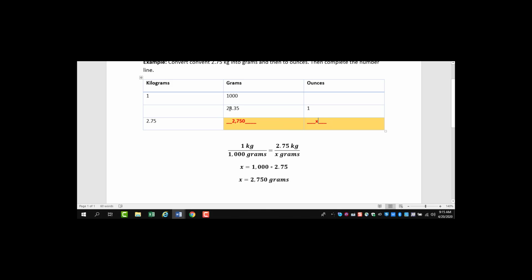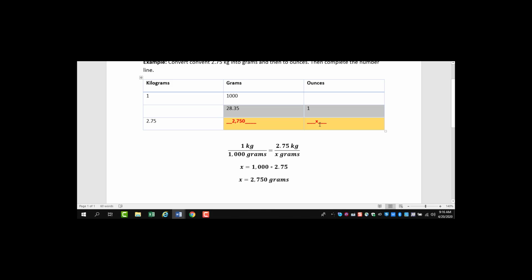And the relationship that I have is right here. There's an equivalency. 28.35 grams is the same as 1 ounce. So 2,750 grams is the same as X ounces. So you need to be able to set up a proportion, cross multiply, and divide.